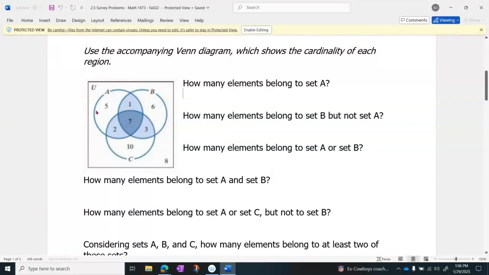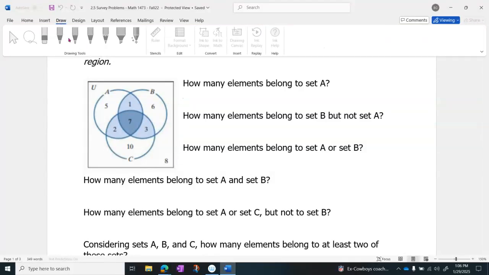And we also see the numbers in the box. We see 8 here, 10, 2, 7, 3, 6, 1, 5. What are those numbers? Do you know what those numbers represent? Are those numbers elements? Sometimes we put the numbers in the Venn diagram and they are elements.